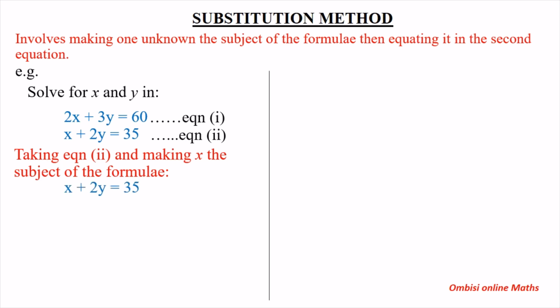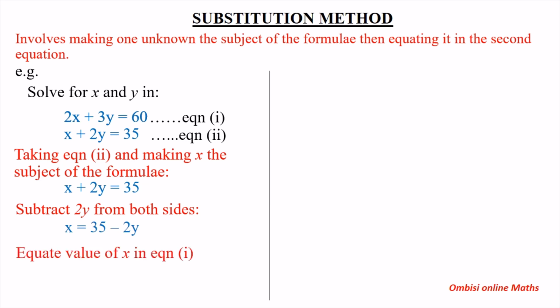So when you take equation 2 and use it to make x the subject of the formula, it ends up with subtracting 2y from both sides, and then you end up with x equals 35 minus 2y, because we subtract 2y from both sides. That is, we are using equation 2. Now, we found the value of x.